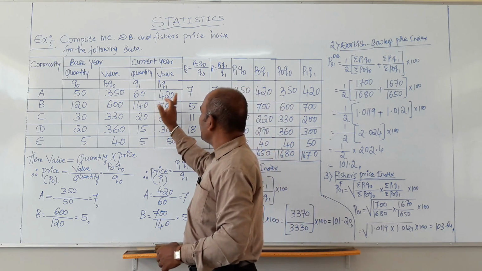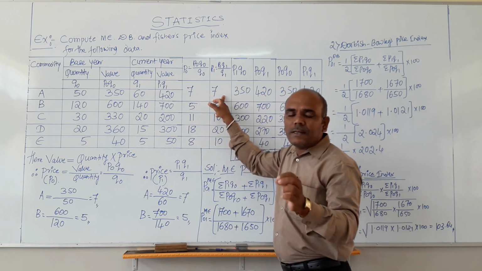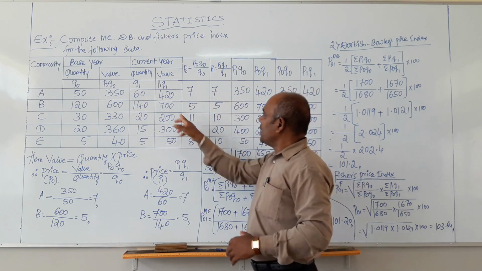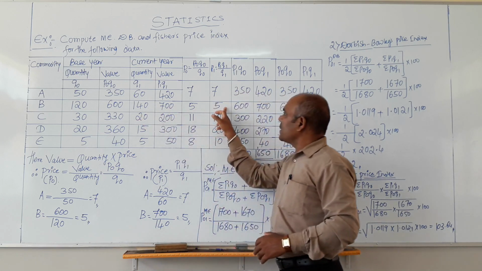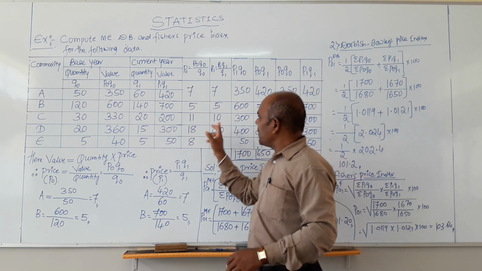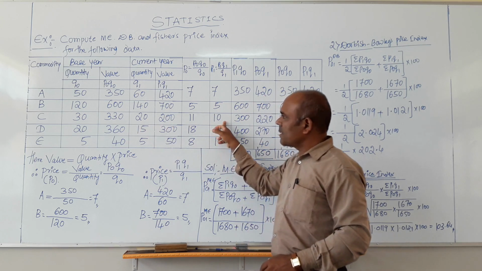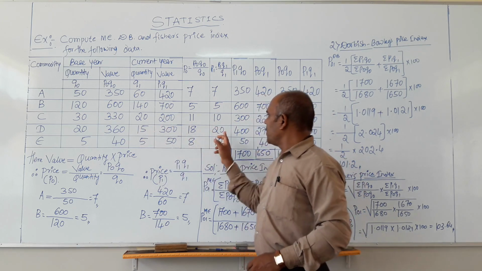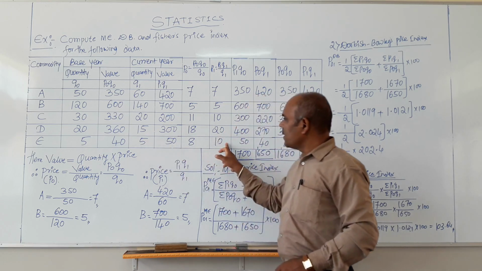So 420 divided by 60 gives 7. Then 700 divided by 140 gives 5. In the same manner, 200 divided by 20 gives 10, 300 divided by 15 gives 20, and 15 divided by 5 gives 3.